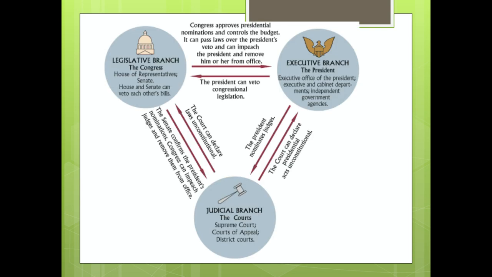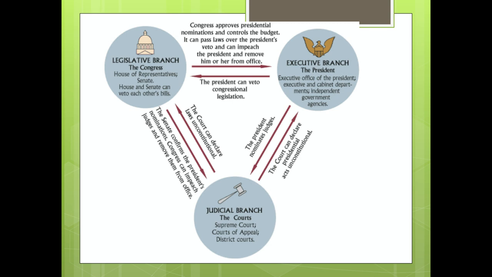Again, there are three branches. The legislative branch includes our Congress, which is the House of Representatives and the Senate. The House and the Senate can veto each other's bills, so they're checking each other. Then we have the judicial branch, which is the federal court system made up of the Supreme Court, the Court of Appeals, and the district courts. You definitely want to write these down.